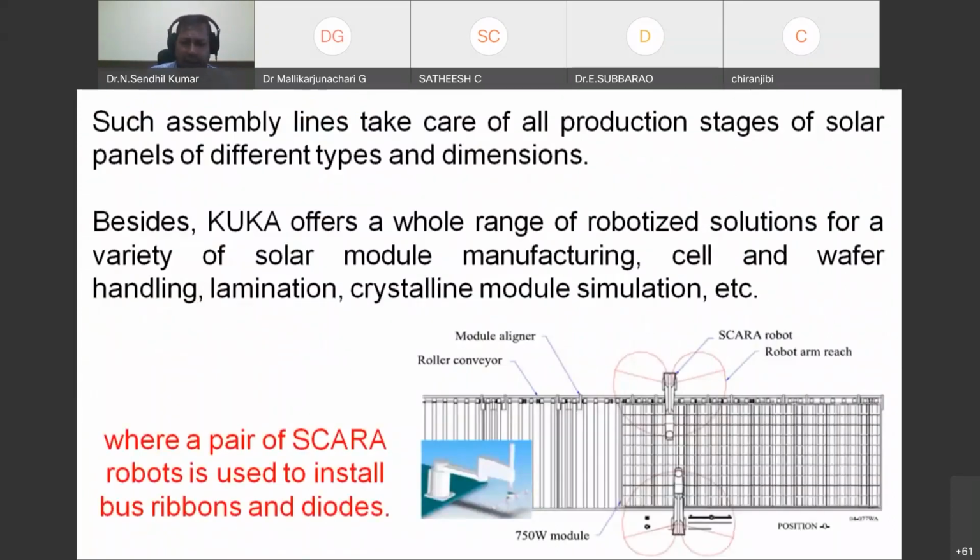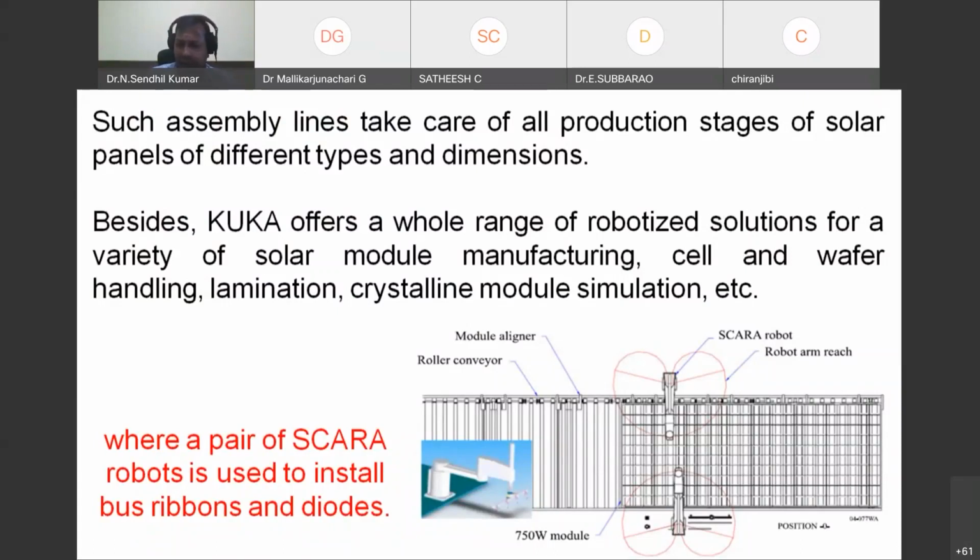And also, I already told you about the ribbon. The ribbon will be there in the PV panel, and that ribbon soldering will also be taken care of by SCARA robots. If you see the SCARA robot, at the edge points the soldering should take place properly. Otherwise, the performance will deteriorate like anything.